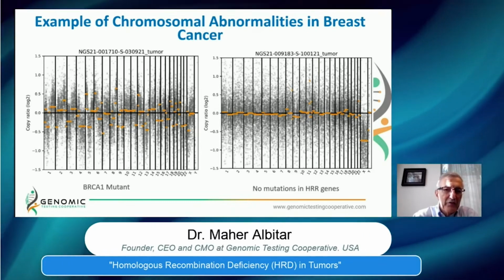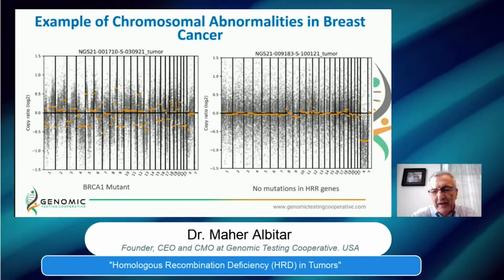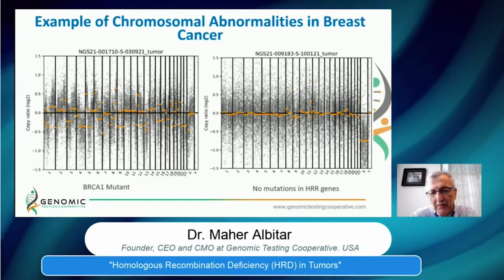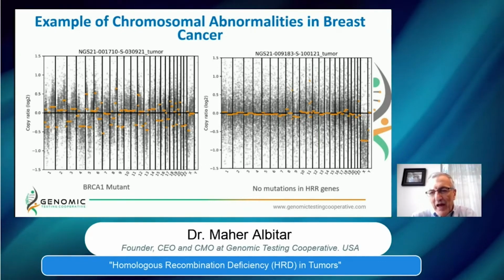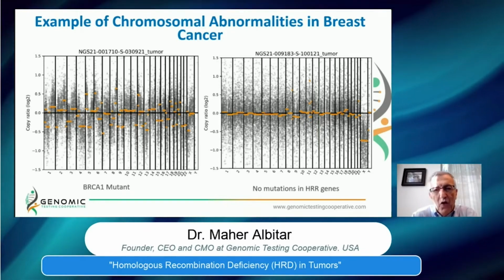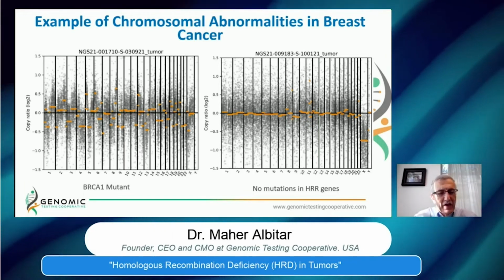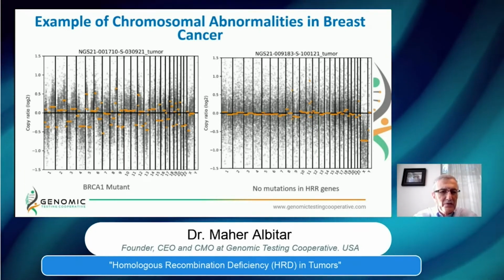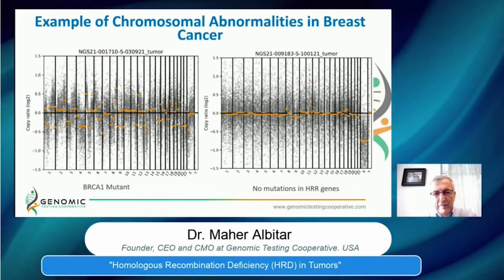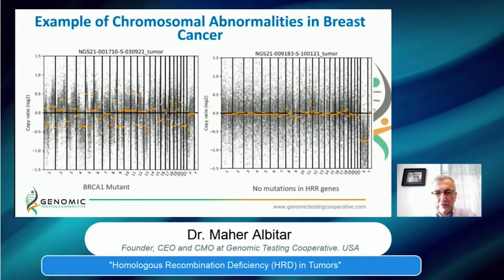The panel on the left is from a patient with a BRCA1 mutation, and the panel on the right is from a breast cancer that does not have deficiencies in any of the genes involved in homologous recombination. And as you can see, the line in the middle represents what you're supposed to see in terms of the copy number of the chromosomes.